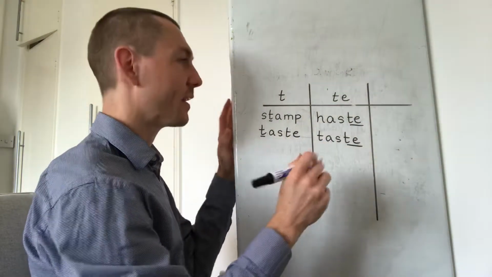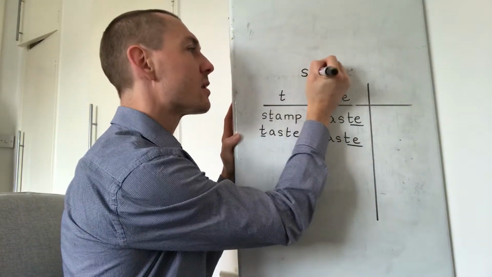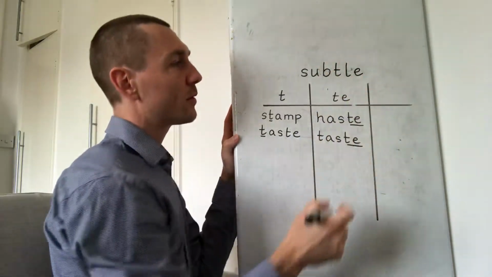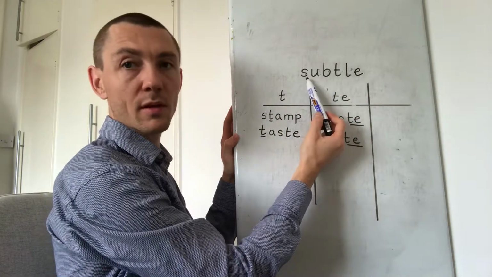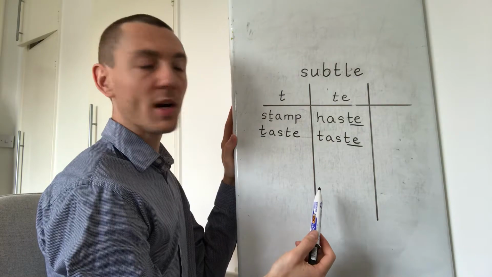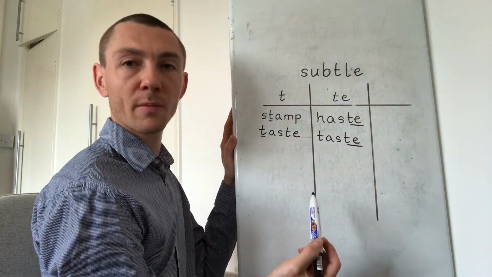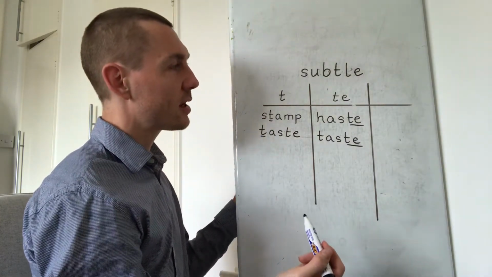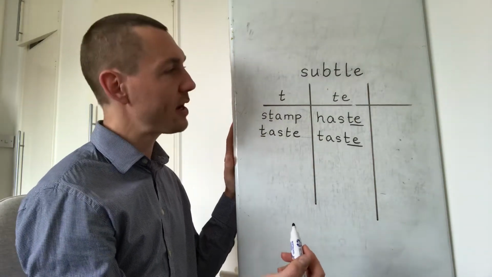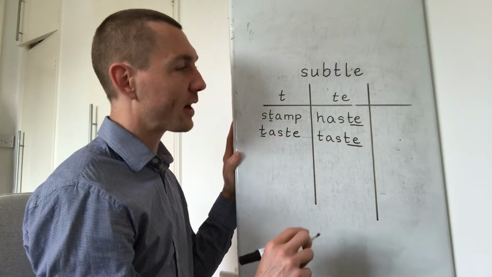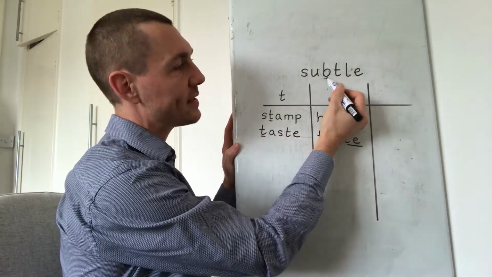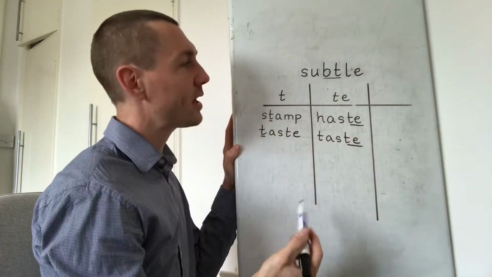Good. The next word is subtle. So pause and think about where that needs to be in our chart. Okay, let's come back together now, and we can see we've got the BT spelling of the t sound here.